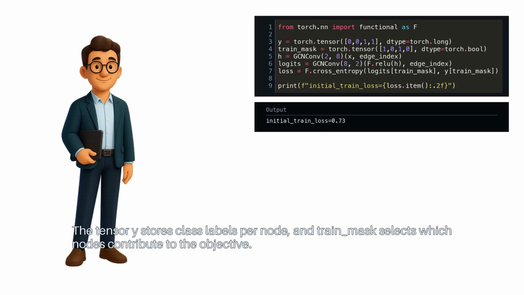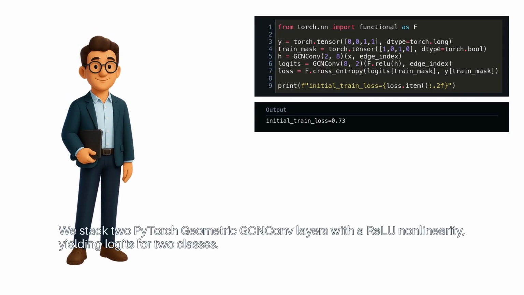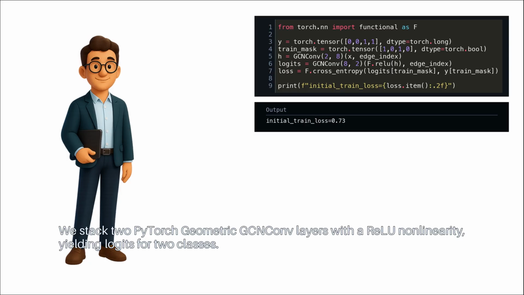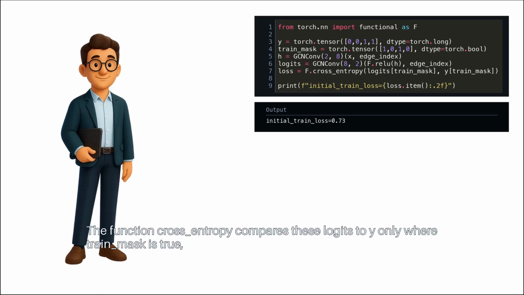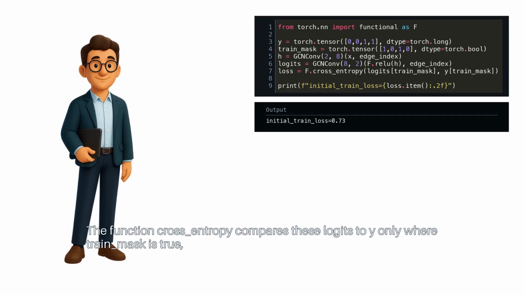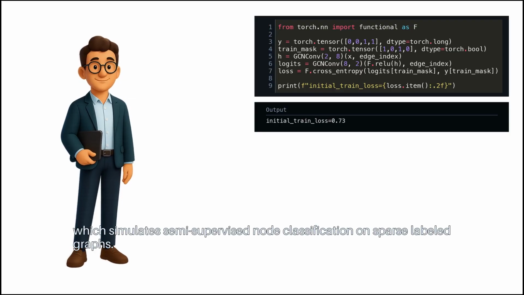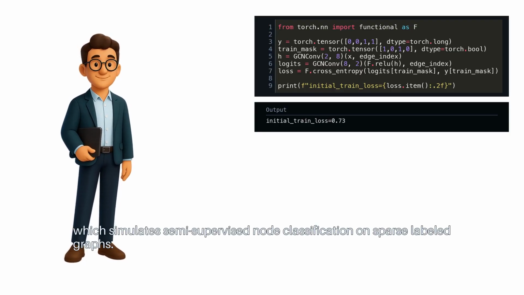The tensor y stores class labels per node, and train_mask selects which nodes contribute to the objective. We stack 2 PyTorch Geometric GCNConv layers with a ReLU nonlinearity, yielding logits for 2 classes. The function cross_entropy compares these logits to y only where train_mask is true, which simulates semi-supervised node classification on sparse labeled graphs.